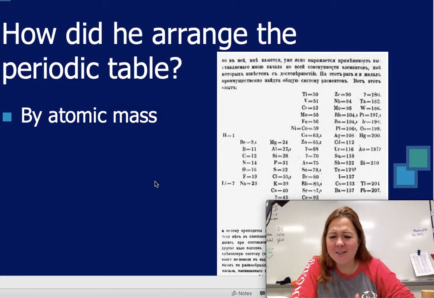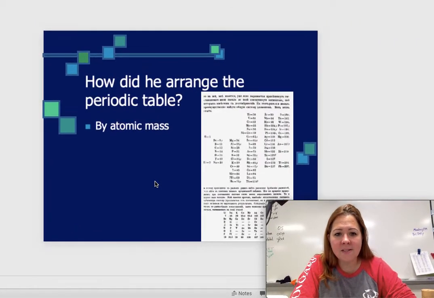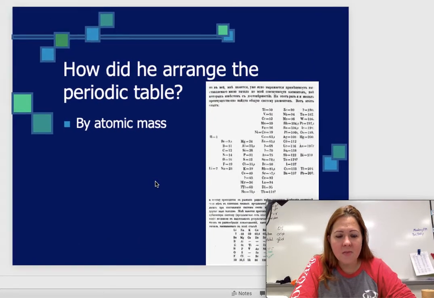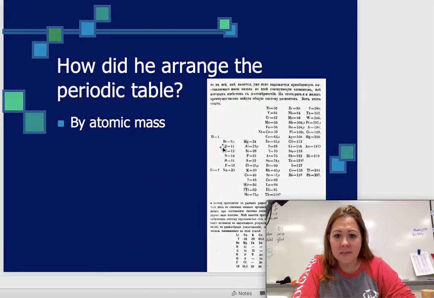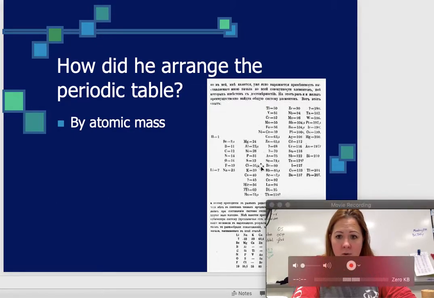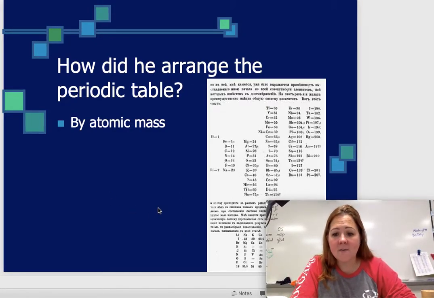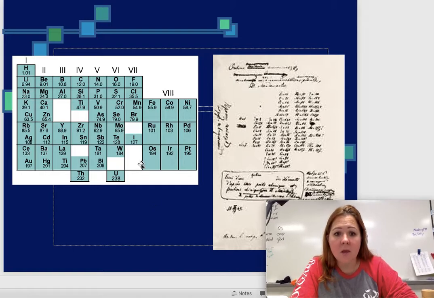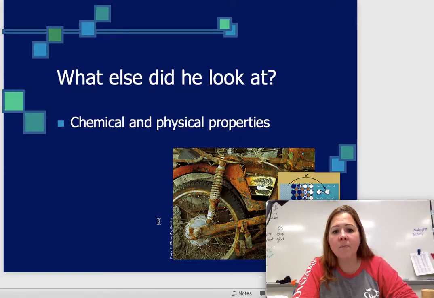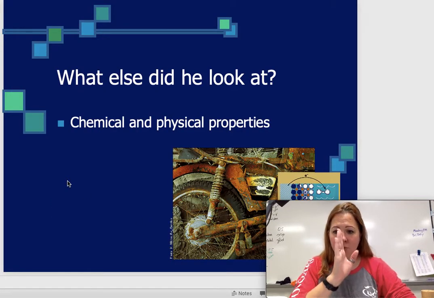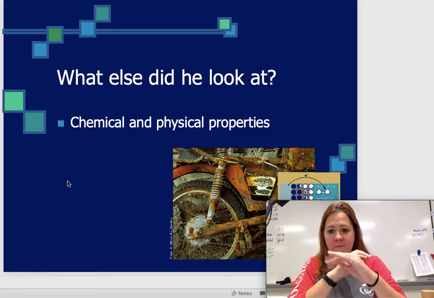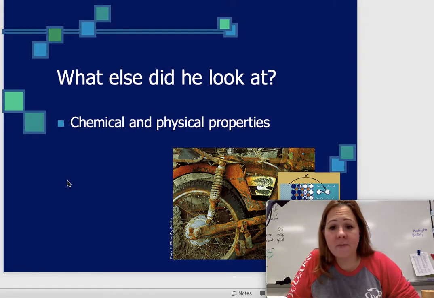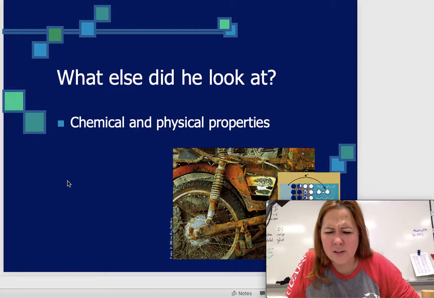We do have increasing atomic mass, but then he also placed them into these different categories, like vertical and horizontal lines, based off of repeating patterns. So this was his original work that was all written out. This one's typed up a little bit neater and nicer. But he put them into the horizontal and vertical columns based off of their chemical properties.